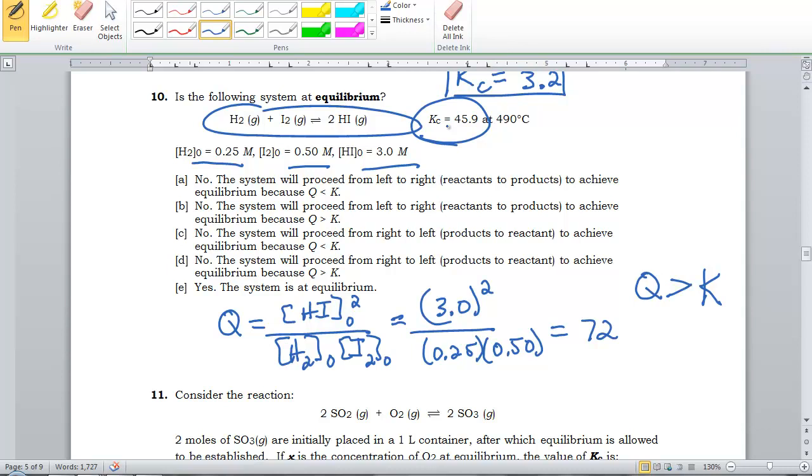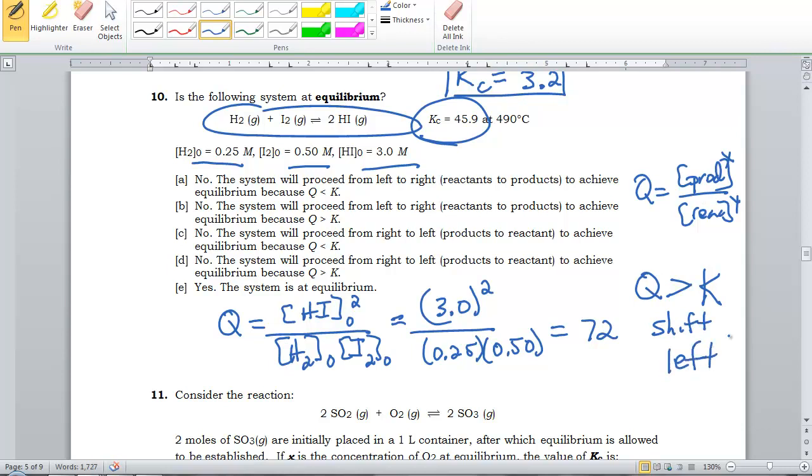How do we make Q smaller? And again, note, just like K, products over reactants raised to the power of the coefficients. So if Q is too large, our numerator is too big, or our denominator is too small, or in this case, both. So we need to get rid of products and make reactants. So the system is going to shift left.